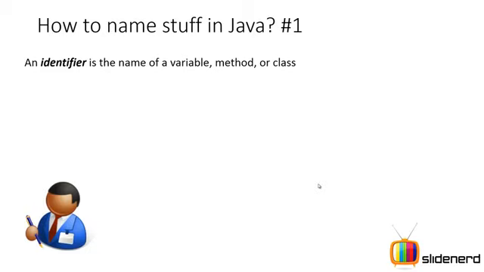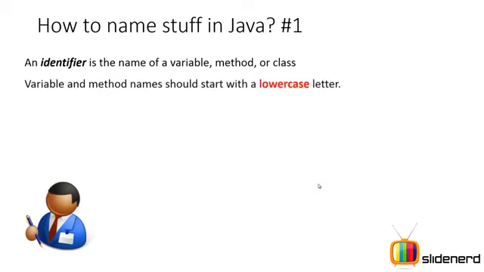So here in this video, we are going to discuss the different conventions that you must follow or you can follow to make things better for others. For example, how to name identifiers. An identifier, as you guys remember, is the name of a variable, method, or class. Variable and method names always start with a lowercase letter.